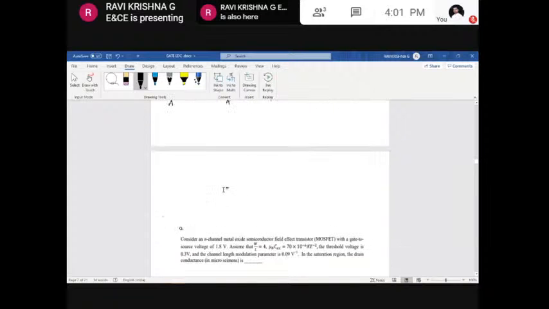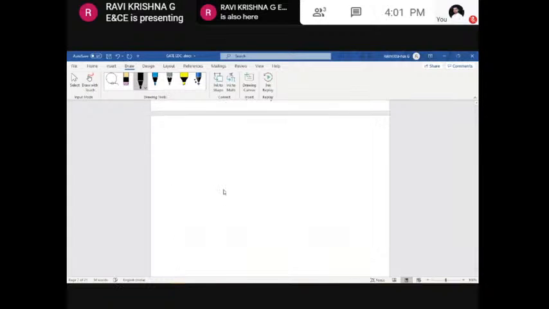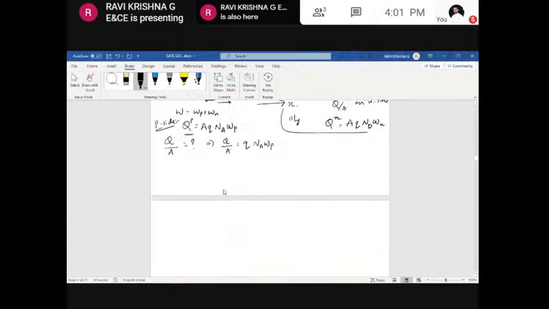So I will consider the built-in potential of this particular junction. We know the built-in potential of this PN junction can be written as the thermal voltage kT by Q into ln, that is log base e, of NaNd divided by Ni squared.